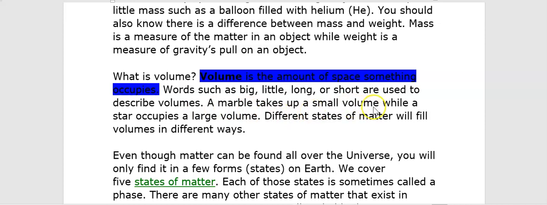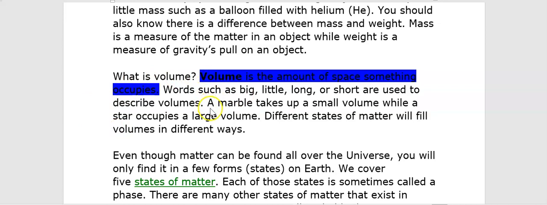A marble takes up a small volume, while a star occupies a large volume. Different states of matter will fill volumes in different ways. That's an important idea for later on. Right now, make sure that you have your definition of volume, as well as cm with the flying 3, the exponent of a 3, and the word cubes, because that is how volume is measured.